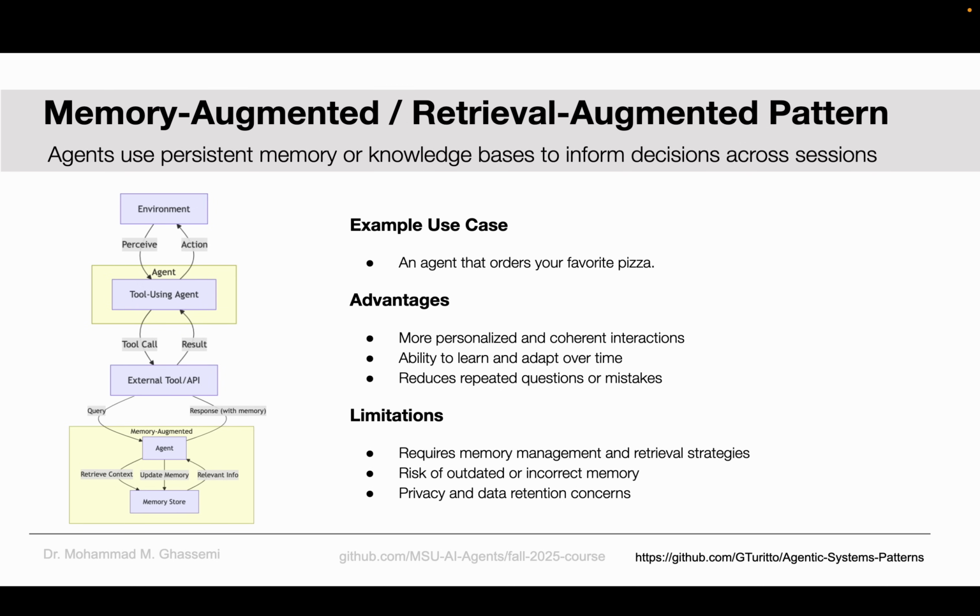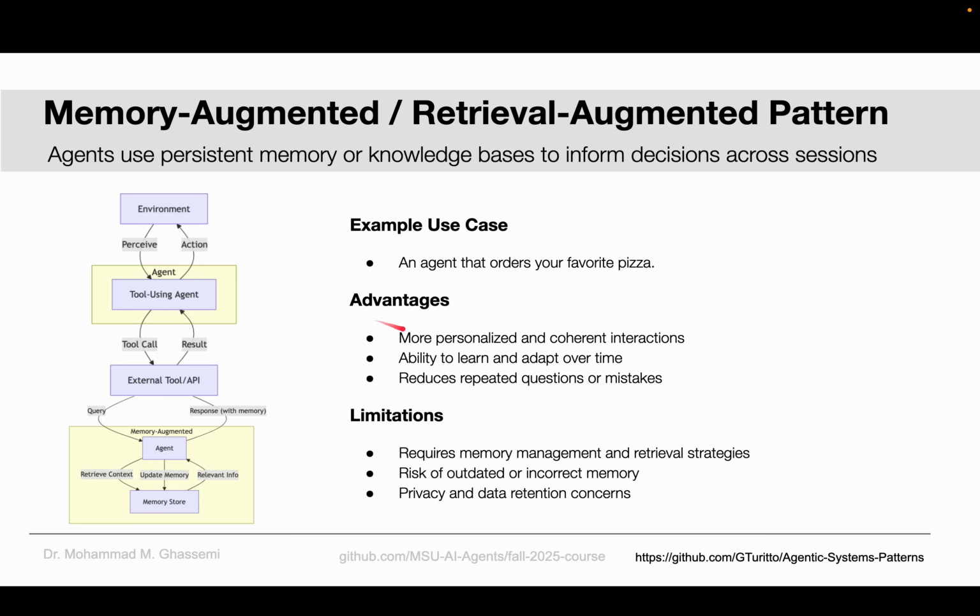A memory augmented, or what's sometimes synonymously called a retrieval augmented pattern, is, I think of it as an extension of this tool use agent, where one of the tools that you have down here is a database or some other storage of information that's relevant for generating your response.